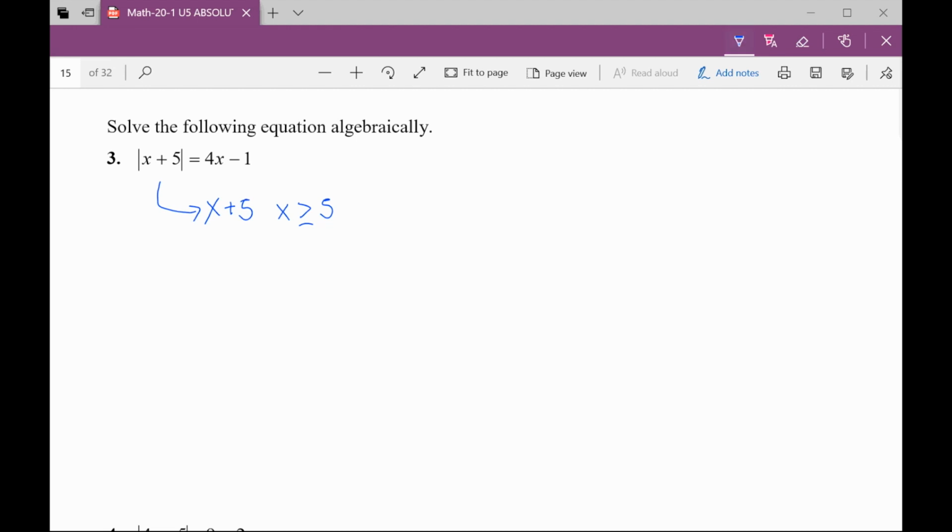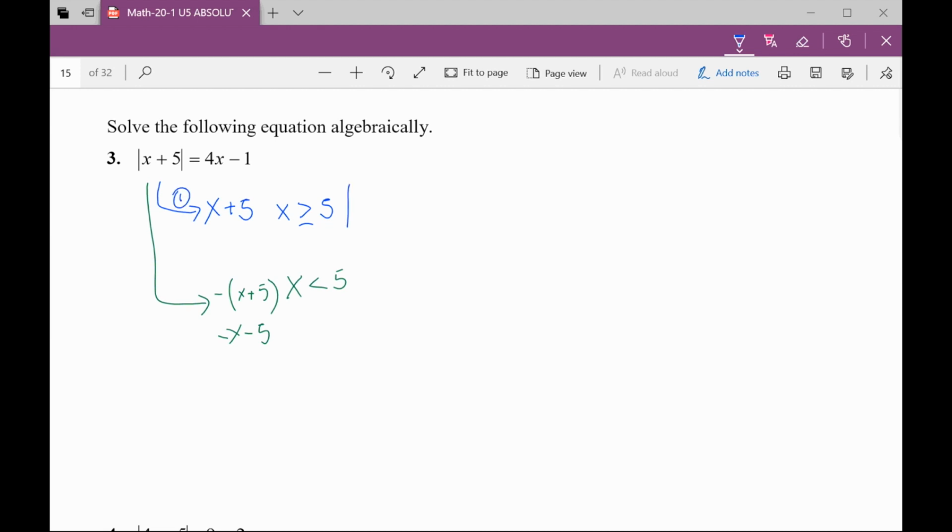But the other case that we're going to deal with now is if x is less than 5. And if x is less than 5, we're going to get the negative of the stuff inside the absolute value sign, right? Because the definition of an absolute value is positive whenever the insides are positive, but negative the insides if the insides are negative. So when I distribute the negative 1 over the x minus 5, I'm going to get negative x minus 5 for x less than 5.